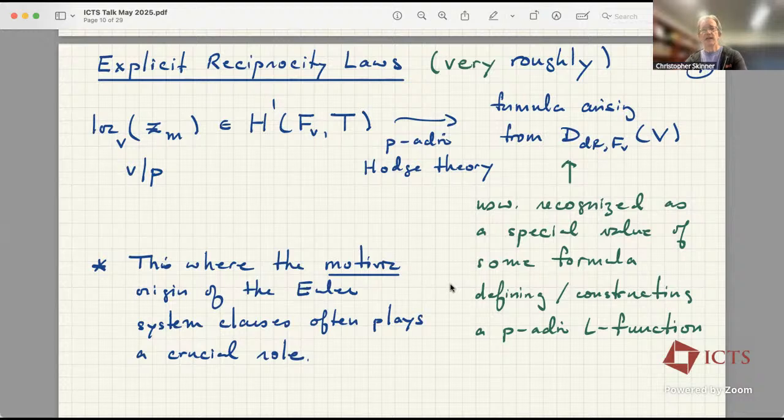So after this translation into the de Rham world, what happens is that we end up recognizing our classes there. The image of our classes is the special value of an L function via some formula, and this formula will come from some construction or some definition of a p-adic L function. So you have the class, you have this translation via p-adic Hodge theory. This gives you some expression, and just by looking at that expression, you see that it's a special value of some other formula that defines a p-adic L function.